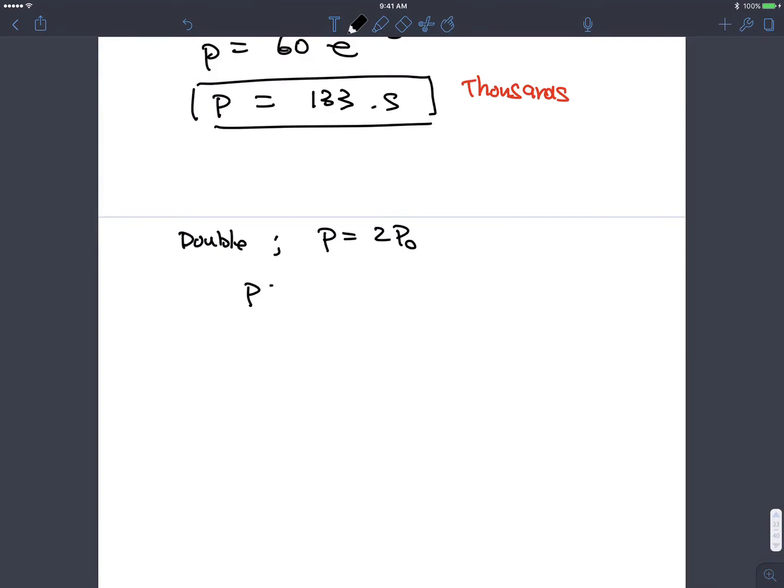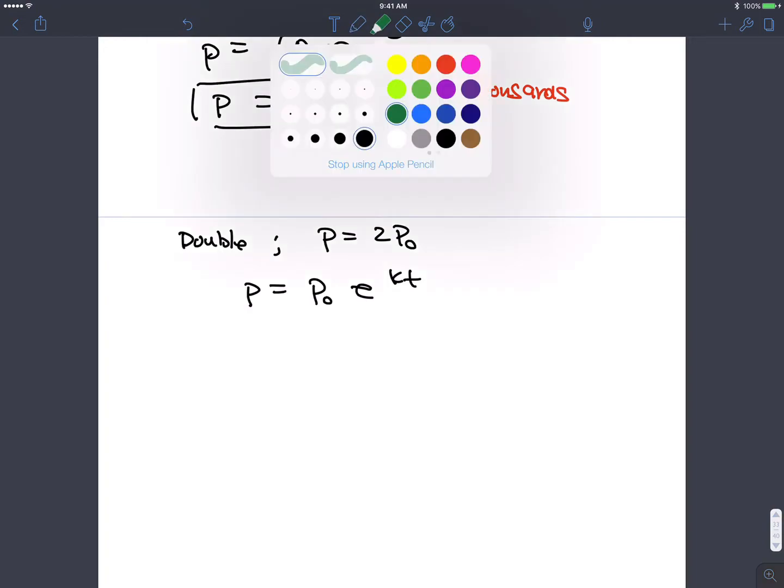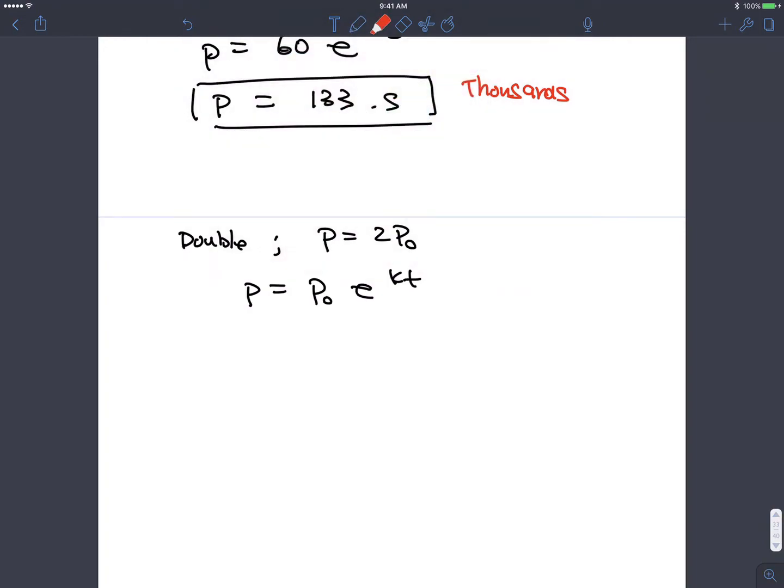And so if we use this exponential growth model, P is P naught e to the kt. This portion right here, P and P naught, we replace with double the initial amount. So I'm going to put that in red and say this is now 2P naught.